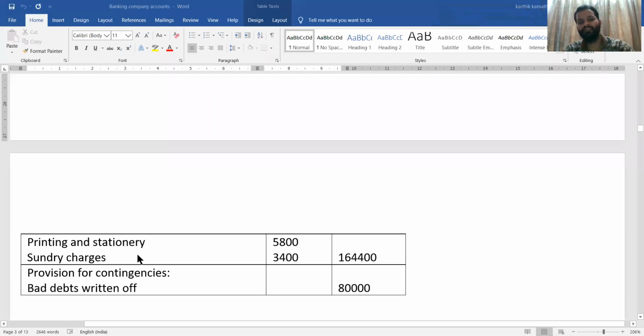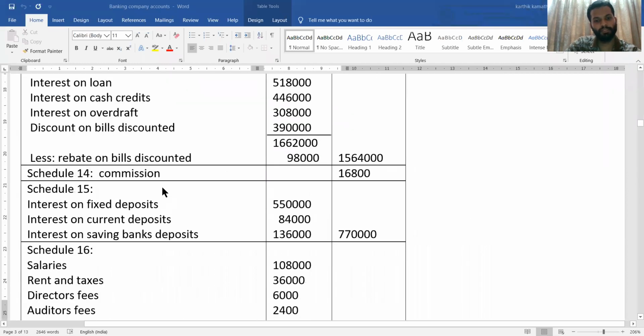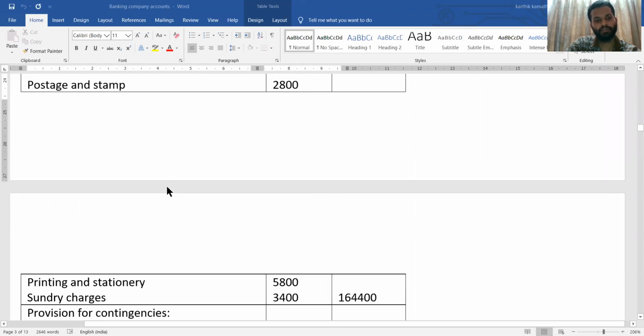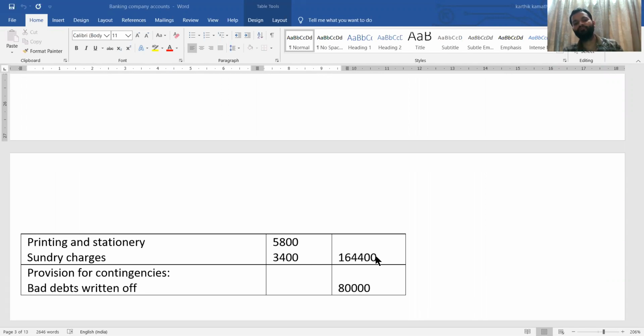These are operating expenses given in the question. So you need to figure it out. I have already explained from the beginning of the problem. So now you need to write this under schedule number 16. Then you need to make the total of operating expense. So total of schedule number 16 is 1,64,400.